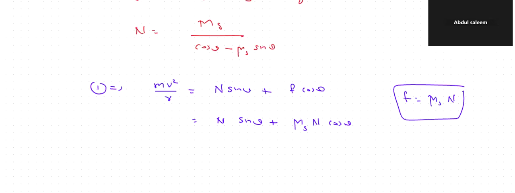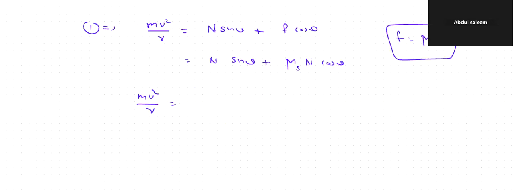So mv square by r equal to N into sin theta plus mu s cos theta.